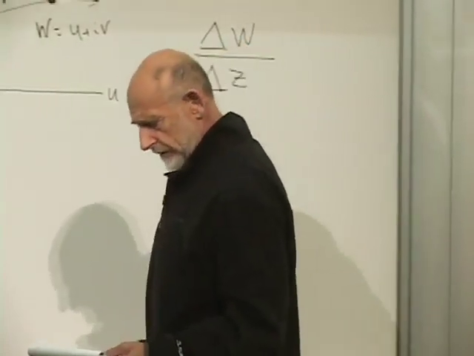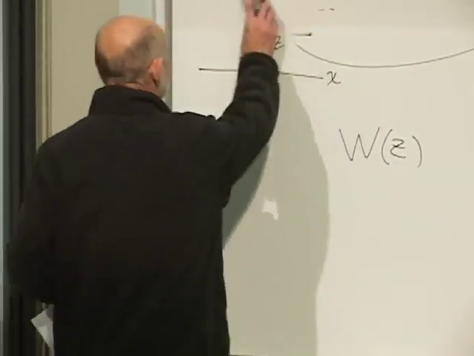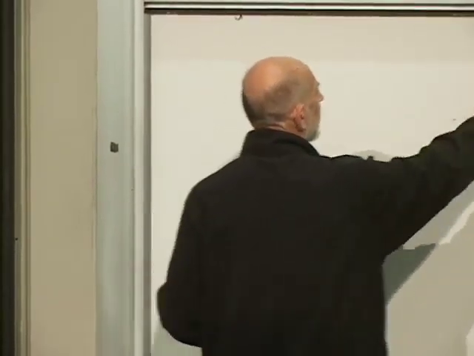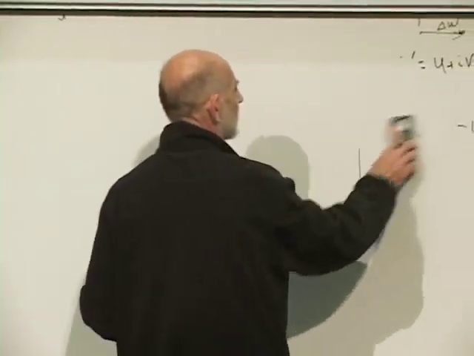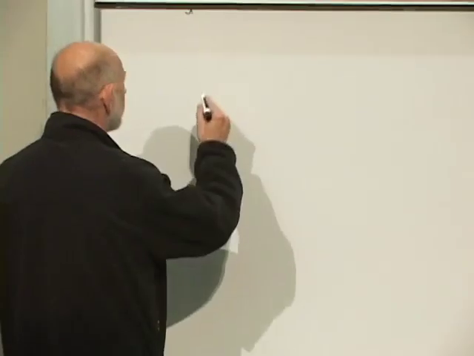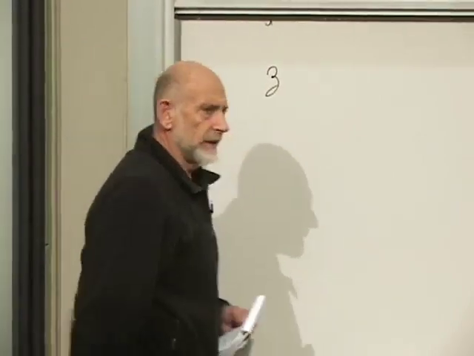Let's just remind ourselves of one small point about complex numbers. Let's suppose we have a complex number. I'll call it script z here.